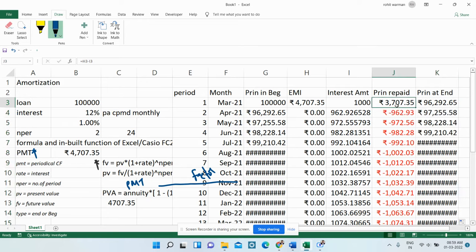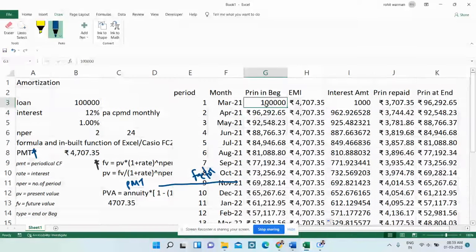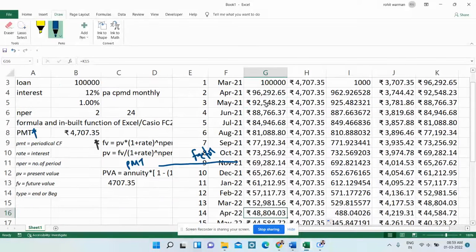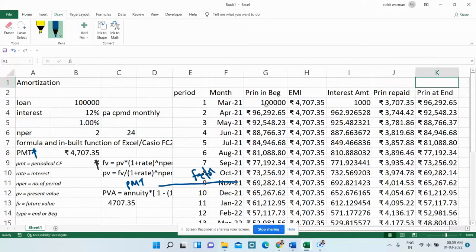Okay, some mistake, I think. Yeah, so this also I have to freeze. So I'll freeze this. I'll repeat again. Okay, let me show the end result, and what you will see is why it is called amortization, because it is reducing. We are writing off.